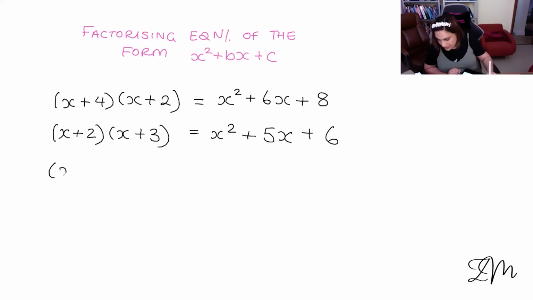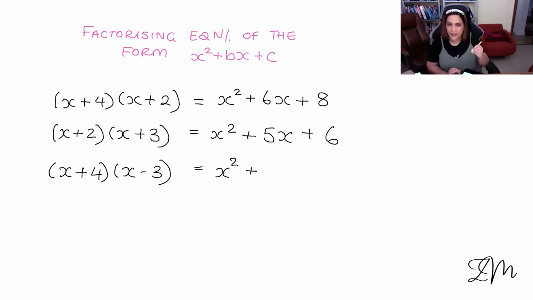Let's do one with a negative. (x plus 4)(x minus 3). So we get x squared plus, and we're going to get 4x minus 3x to give us plus x, minus 12. So what do you notice? Just looking at these, what can you see?